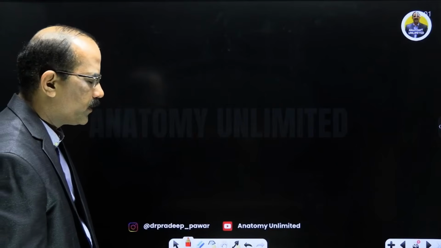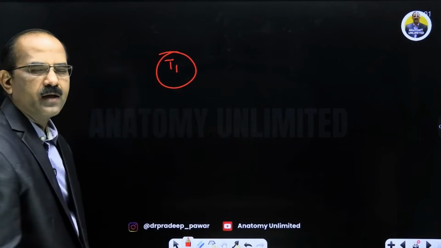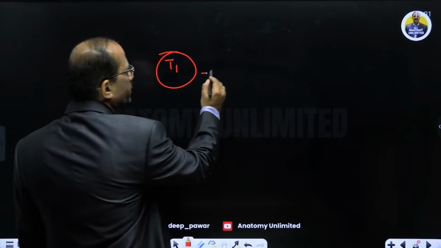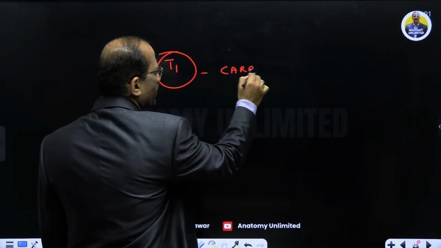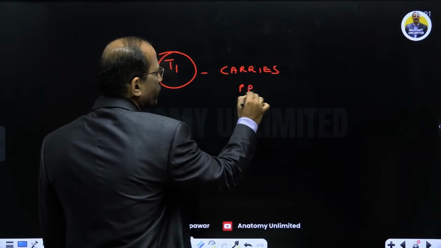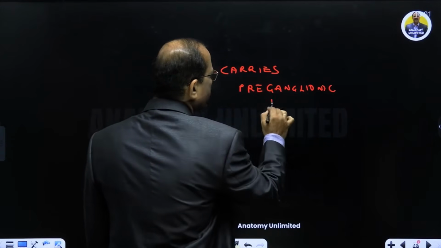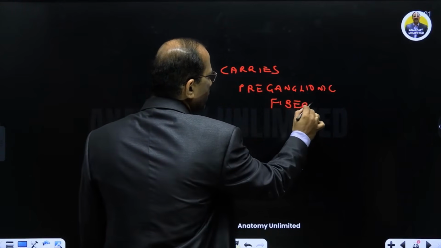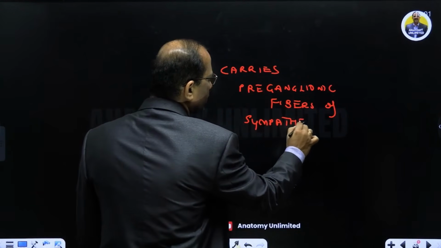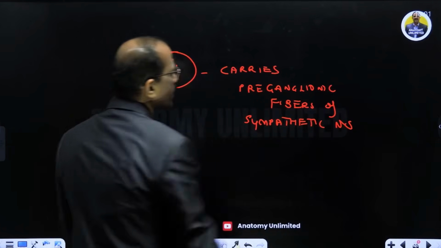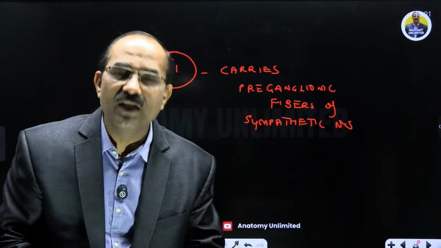Now you tell me, in Klumpke's paralysis there is T1 involvement, and T1 carries preganglionic fibers of the sympathetic nervous system.